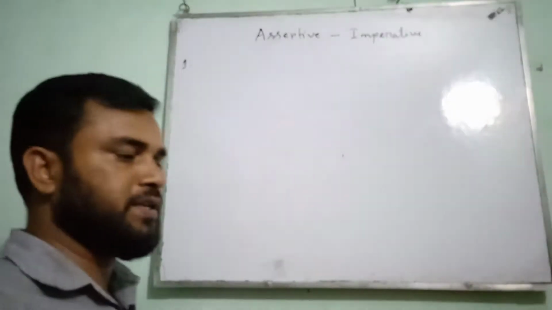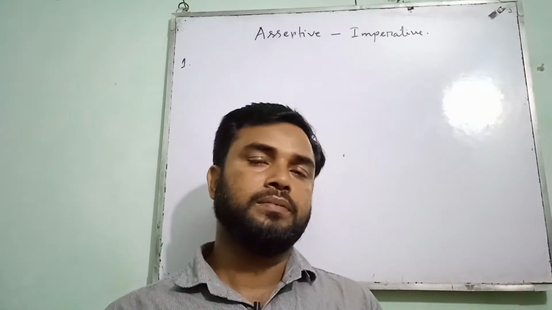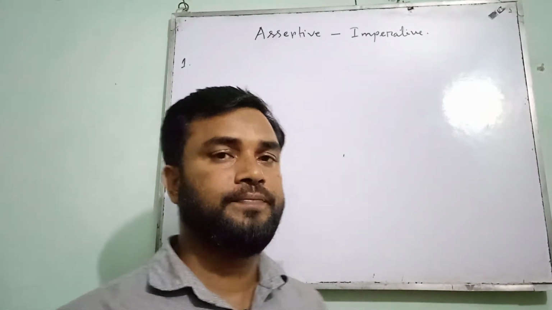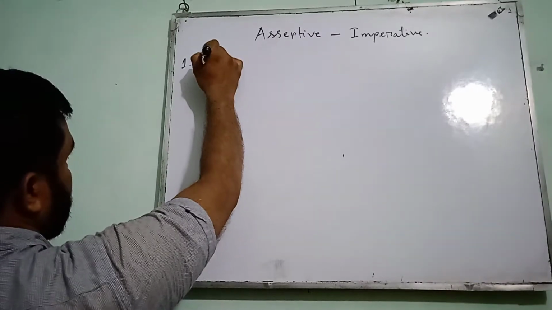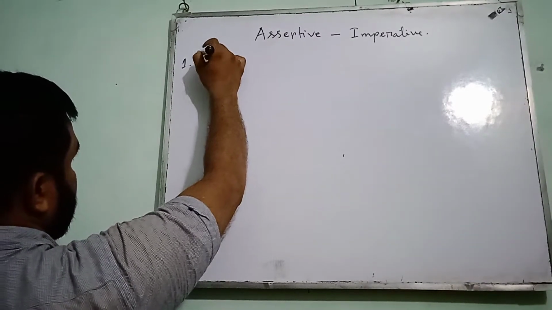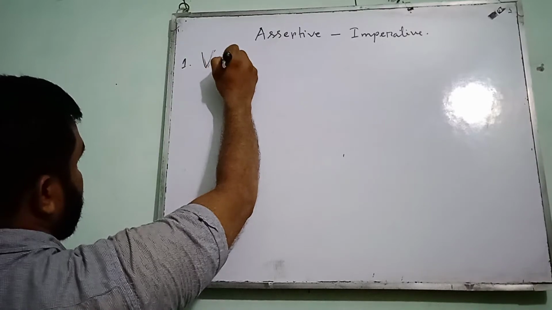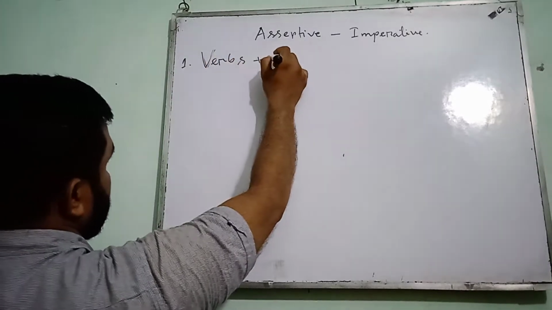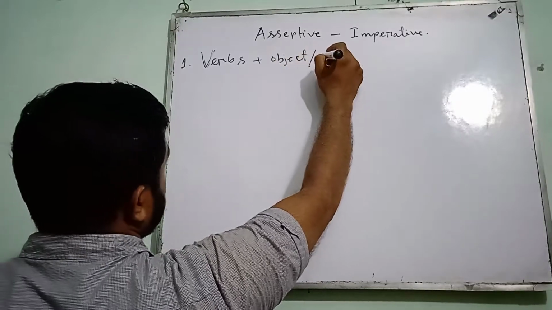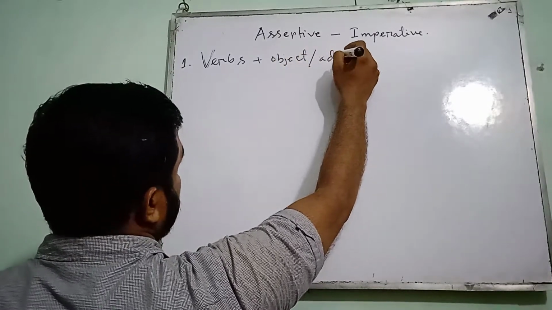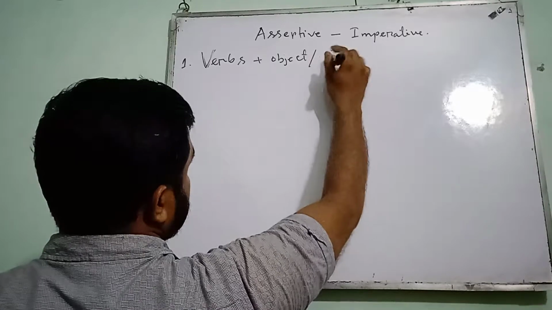And imperative sentence has basic two patterns. Firstly, the pattern begins with verbs, then object or adverbials or extension.